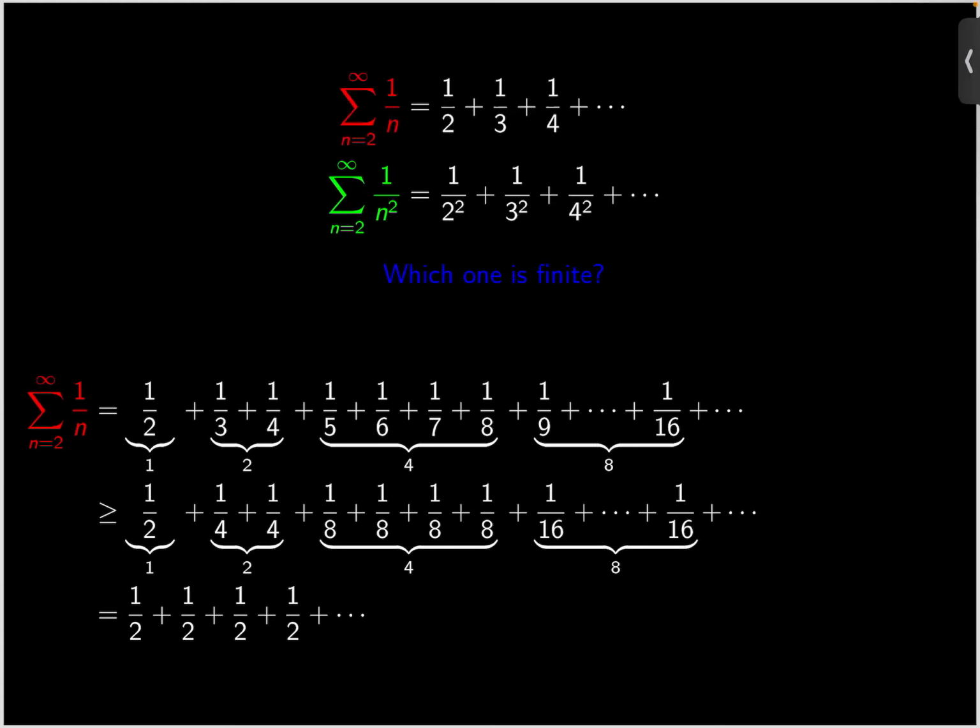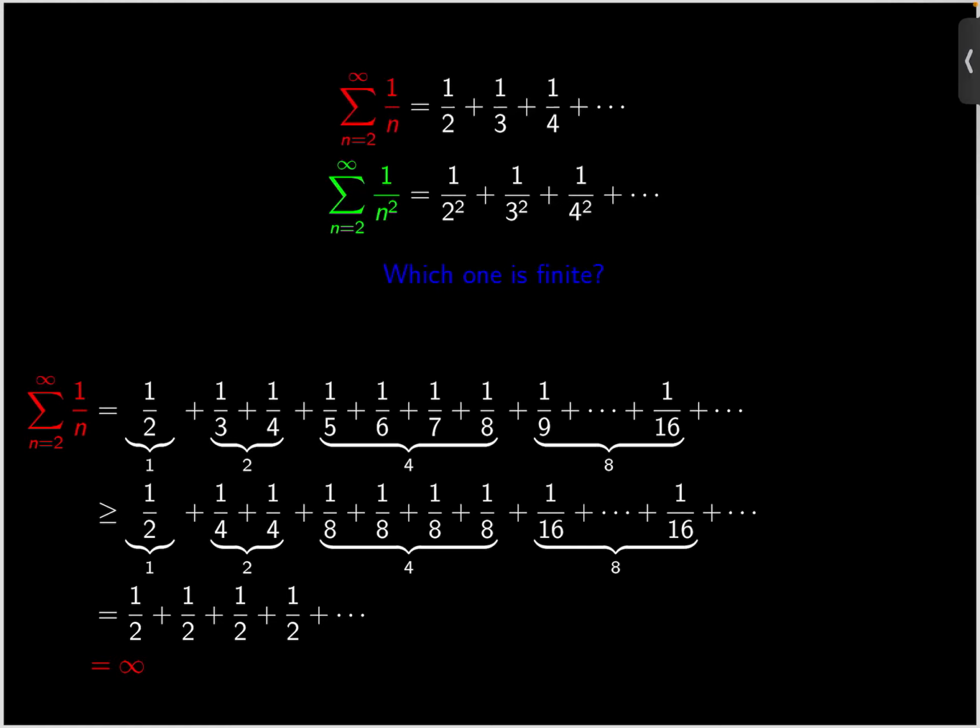We'll always just be able to add another half to what we've got. And since we're just adding halves over and over again, that's going to be infinity. So this red sum that we've got here, the sum from n is equal to 2 up to infinity of 1 divided by n, this goes all the way to infinity. This means that this is a divergent series.